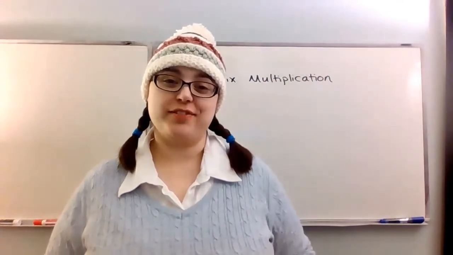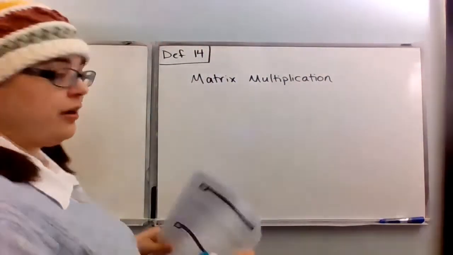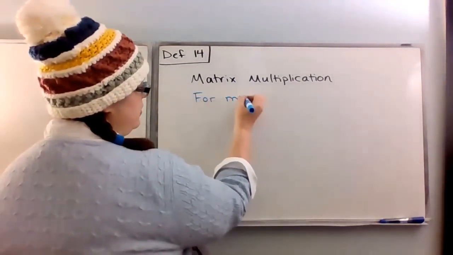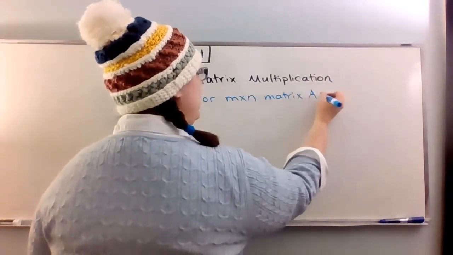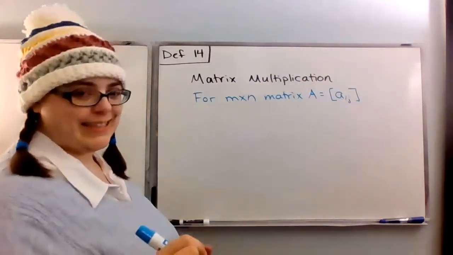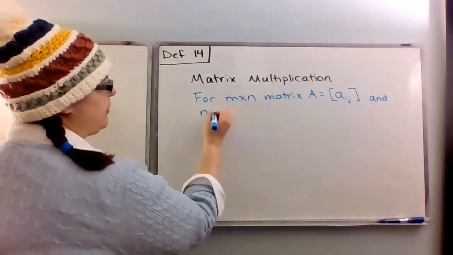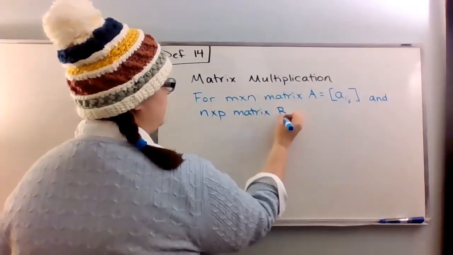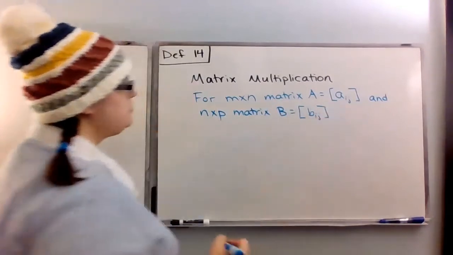Okay, so here's our definition for multiplying two matrices together. First, we're going to have an m by n matrix A equal again to our Aij's, and an n by p matrix B equal to the matrix whose entries are Bij.